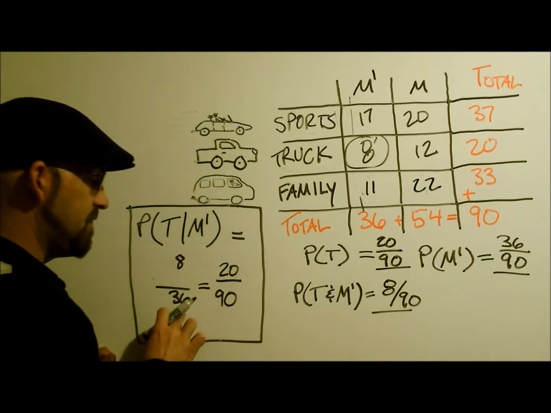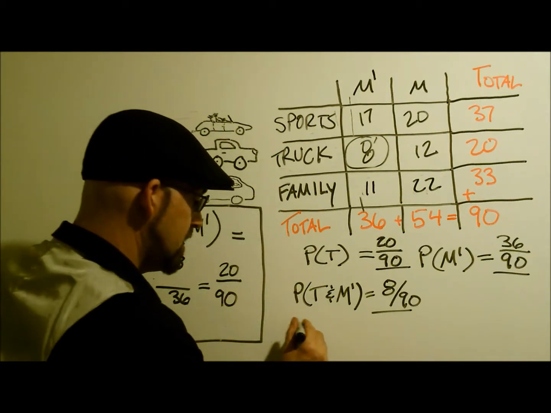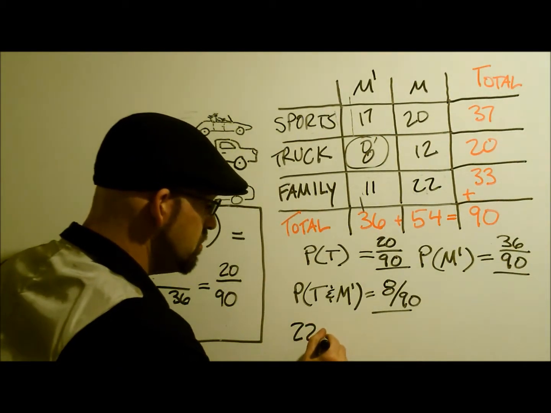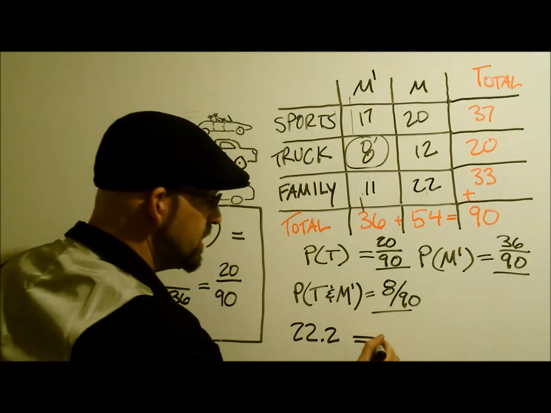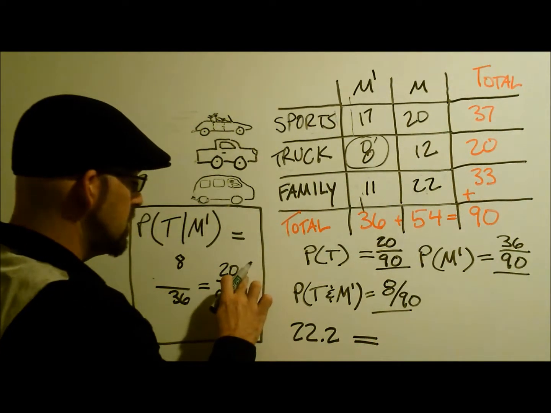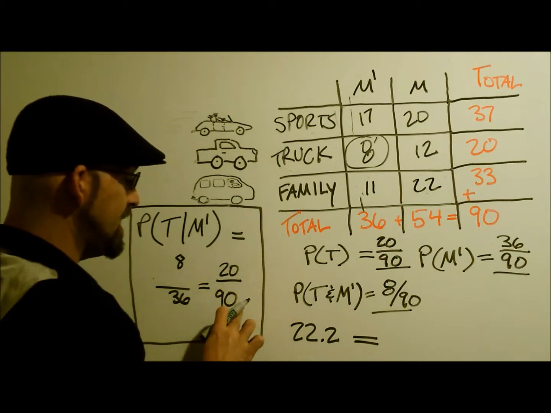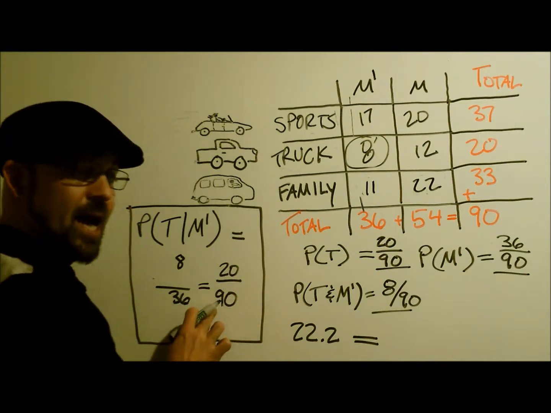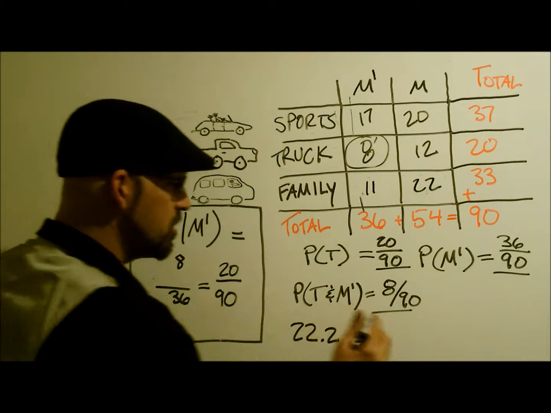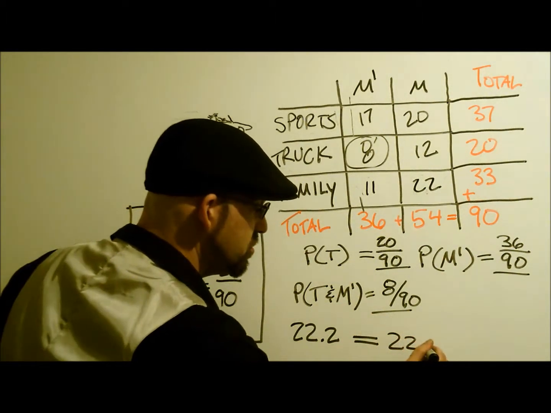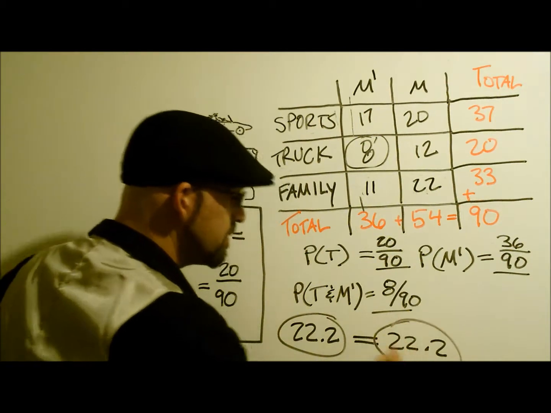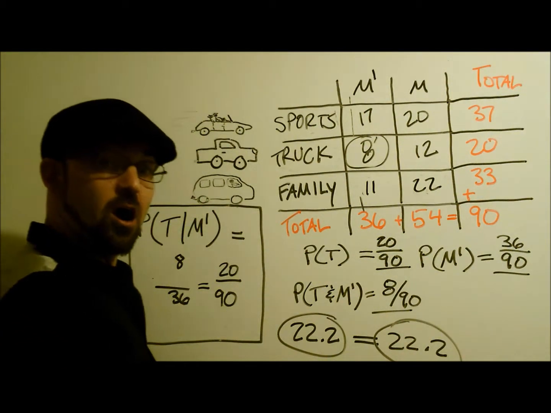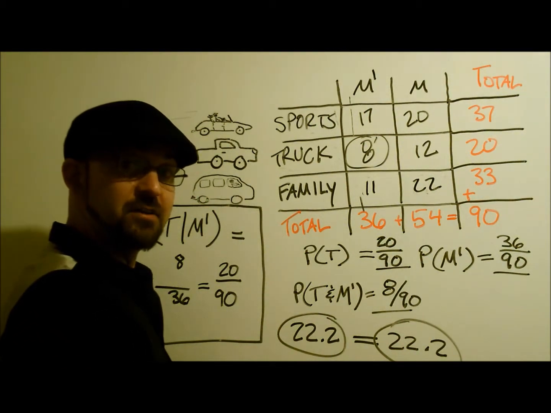Eight divided by 36 is 22.2. Is that going to equal 20 divided by 90, or 2 divided by 9? That is also 22.2. Notice how they equal. That means they are independent of each other.